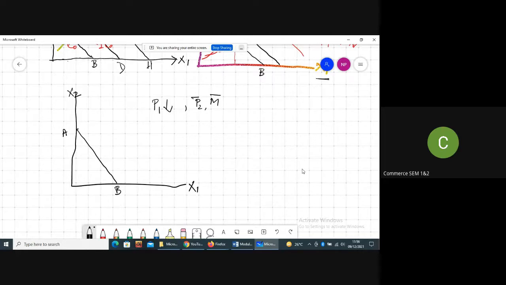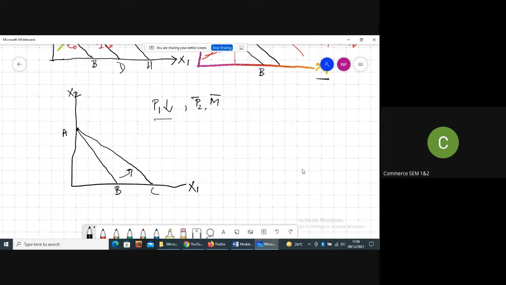So the budget line will change to this, say AC. It will rotate anti-clockwise around point A if P1 decreases. Then you can purchase more of X1.